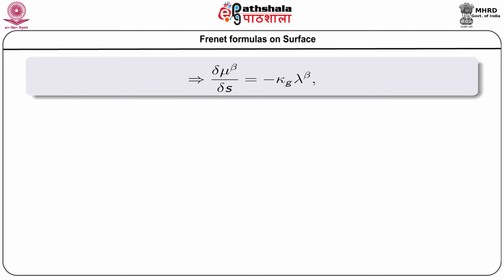So, we can see that for curves on a surface, we have only two Frenet formulae. One is del lambda alpha del s equals kappa g mu alpha, and another one is del mu beta del s equals minus kappa g lambda beta, where alpha, beta are the surface indices running from 1 and 2.